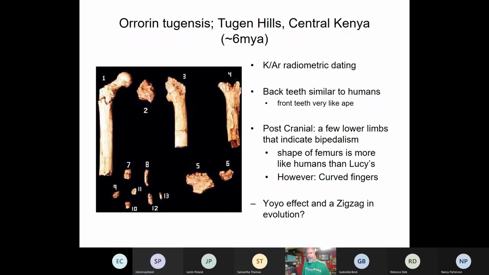Ardipithecus ramidus... Auroran tugensis is... I have a great documentary that we're not going to have time to watch. I've got some shorter clips instead, but it's a great documentary.